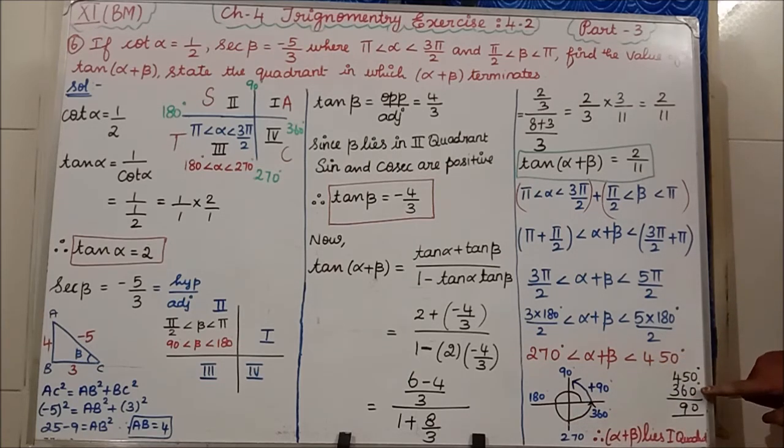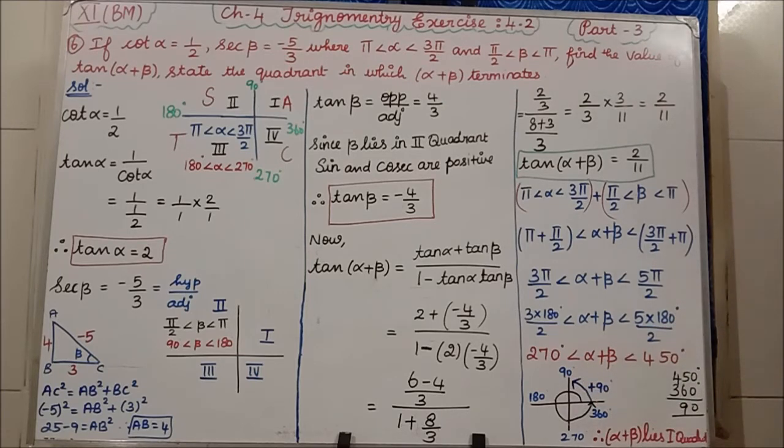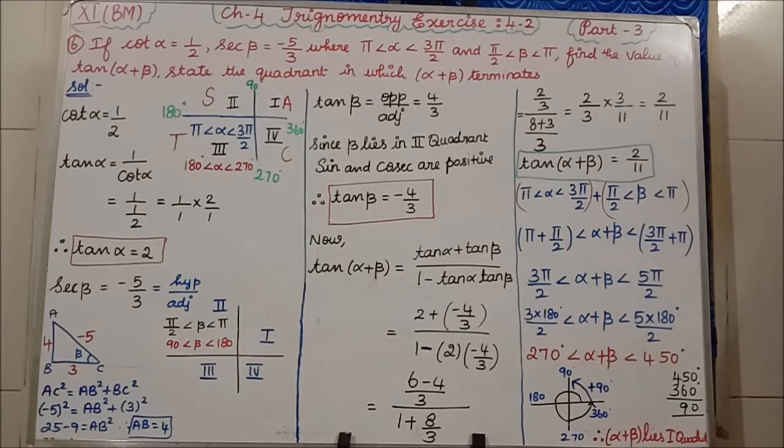So on this 450 degree, if you subtract 360 degree, still we have to move 90 degree. So after coming to this line, again I am moving 90 degree, which means it lies in which quadrant? Still another 90 degree, it is coming in the first quadrant. So we have to write the last line. Therefore, alpha plus beta lies in the first quadrant.